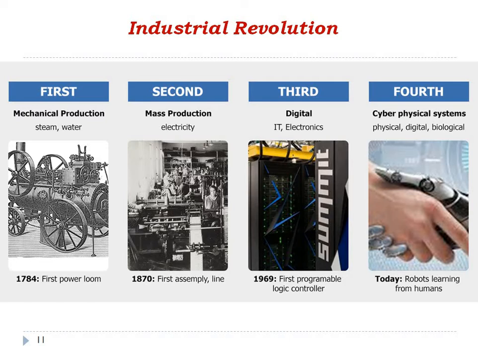The third industrial revolution is basically a digital revolution, IT and electronics, and a lot of semiconductor devices were developed. In 1969, the first programmable logic controller was put into working. And the fourth industrial revolution is going on now. A lot of cyber physical systems, digital and biological systems, robotics, etc. came into our lives.